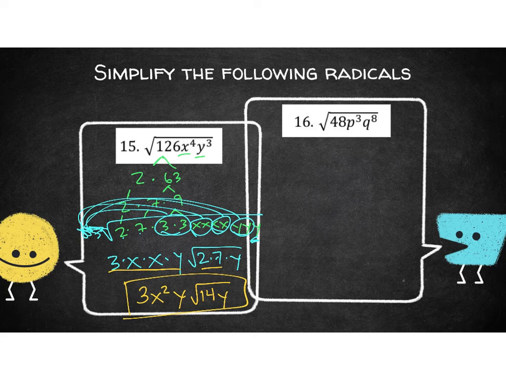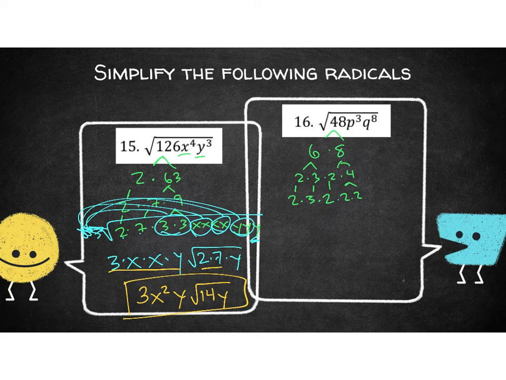All right. Let's take a look at 48p to the 3rd q to the 8th. So 48 is the same thing as 6 times 8. This is 2 times 3. This is 2 times 4. I need to break down that 4. Some people get kind of lazy, for lack of a better word, and they don't want to drag these factors down right here.